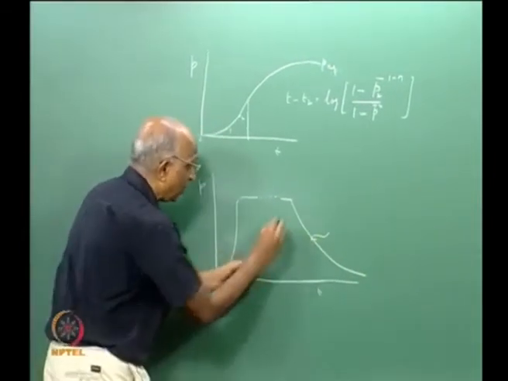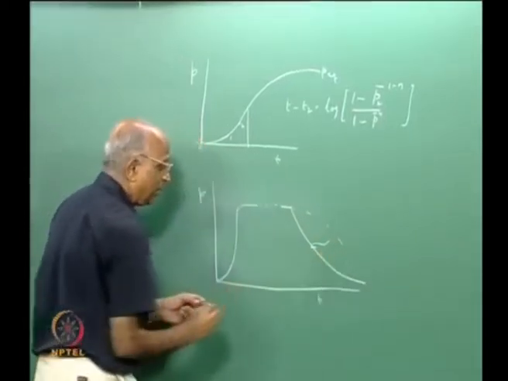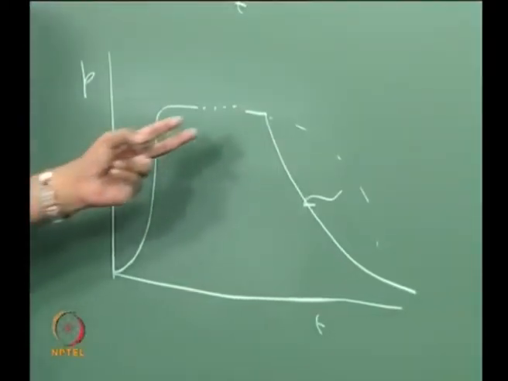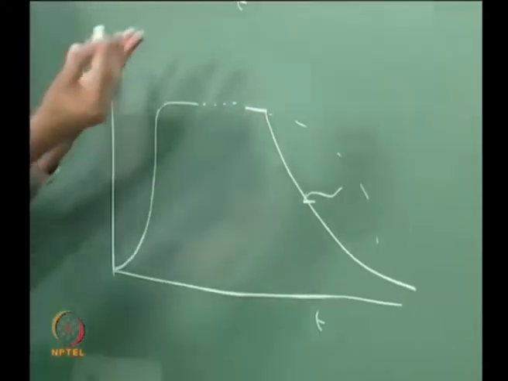How will it behave? Does it go like this, or does it go like this, or the shape we were interested in? And the equation we got for this was very similar.